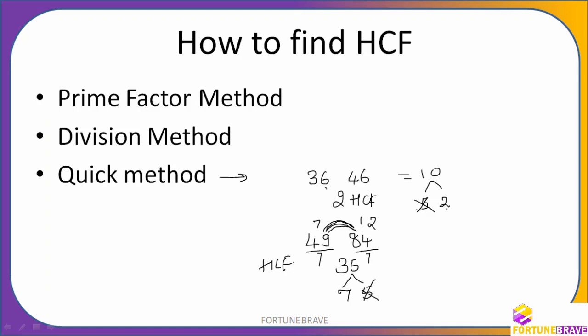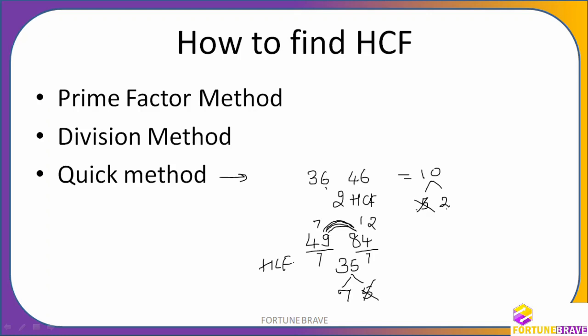Find the difference. See if the difference can divide those two numbers. Listen carefully. Find the difference between two numbers and then find whether that number can divide both the numbers.